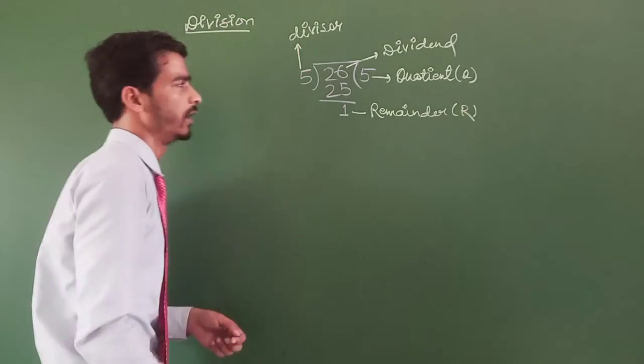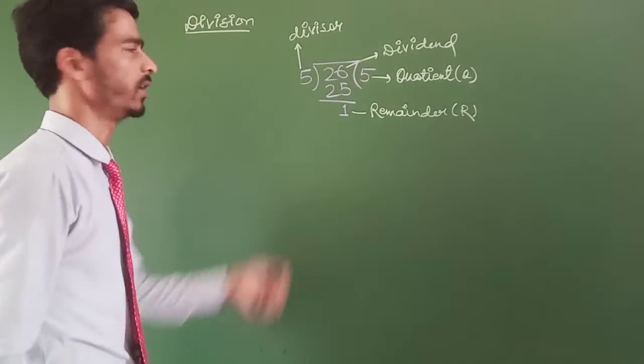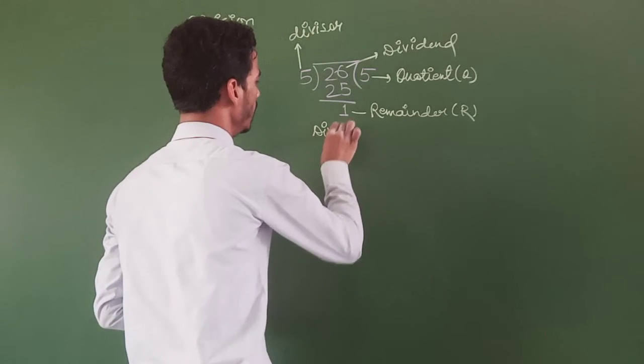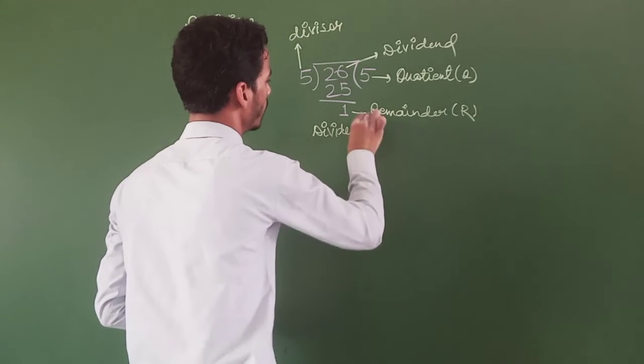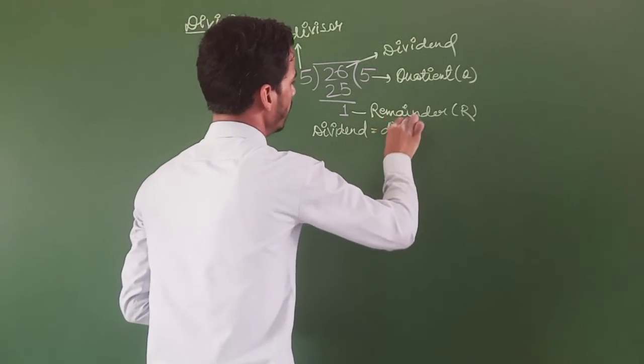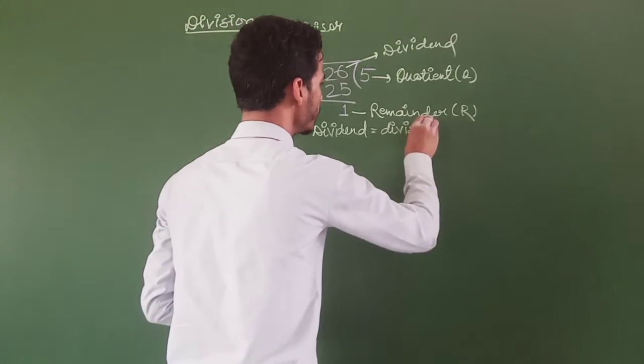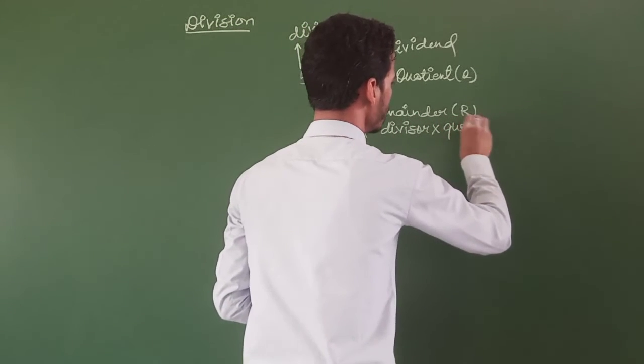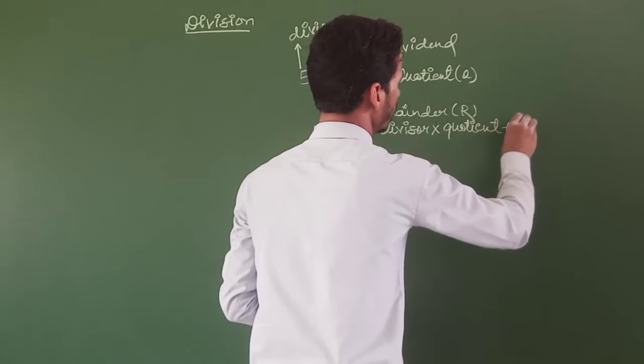And you know that the verification of this division is: dividend is equal to divisor multiplied by quotient plus remainder.